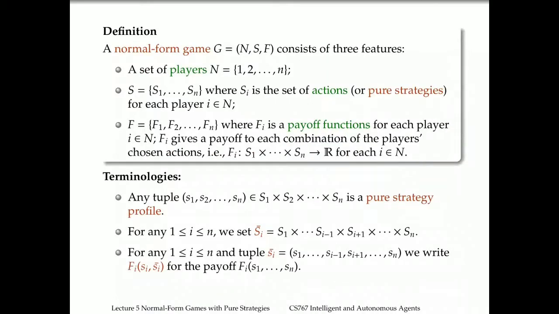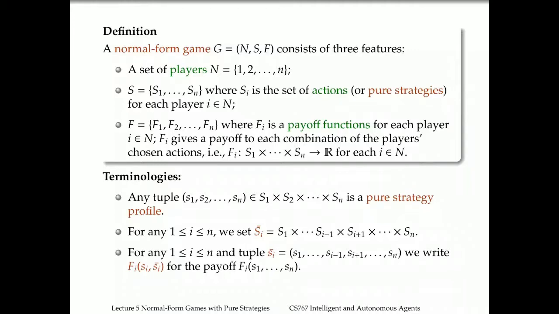So mathematically, we can define this normal form game as a tuple (N, S, F). N is a set of players or agents, and S is a set of action sets. So basically, it specifies the set of actions for every player.